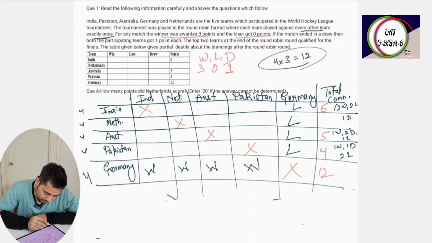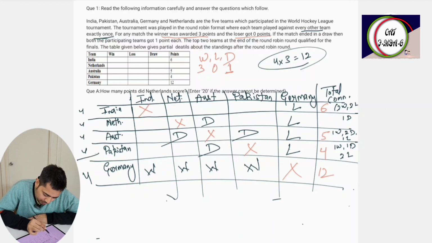So Pakistan and Australia draw, Australia and Pakistan draw, and Netherlands and Australia draw, and Australia and Netherlands draw.